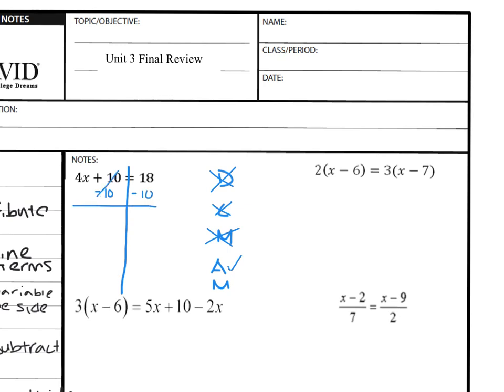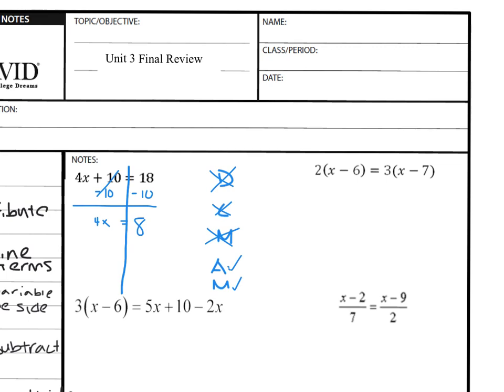Plus 10 minus 10 would just leave me with 0. So on my left side, I'd be left with just 4x. Bring down my equal sign. I need to solve for 18 minus 10. So 18 minus 10 is 8. To get x by itself, I will need to multiply or divide by something.